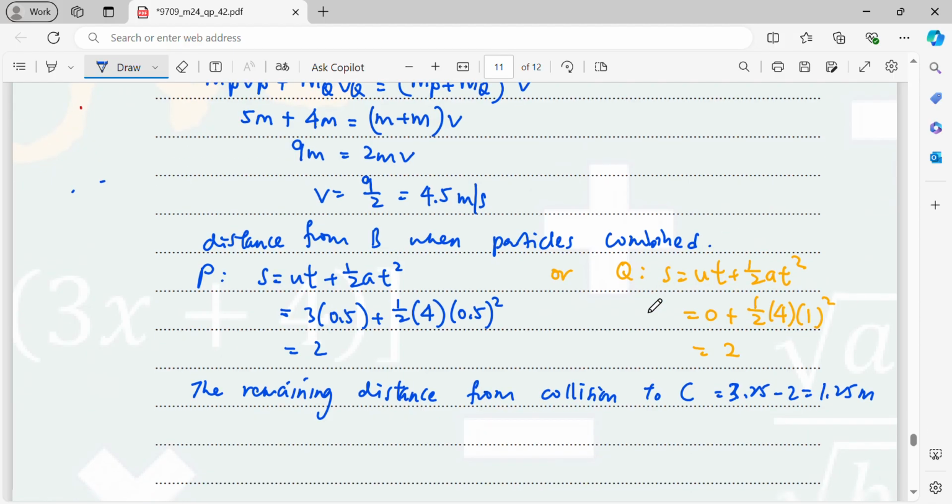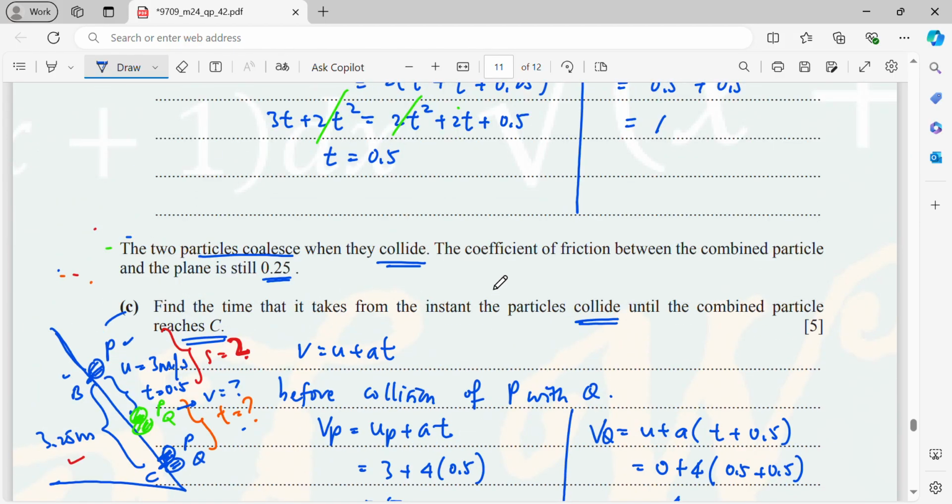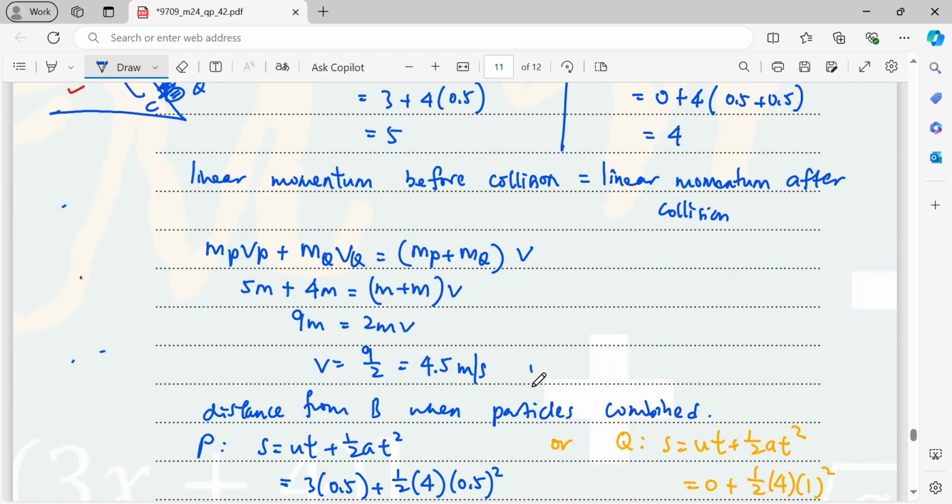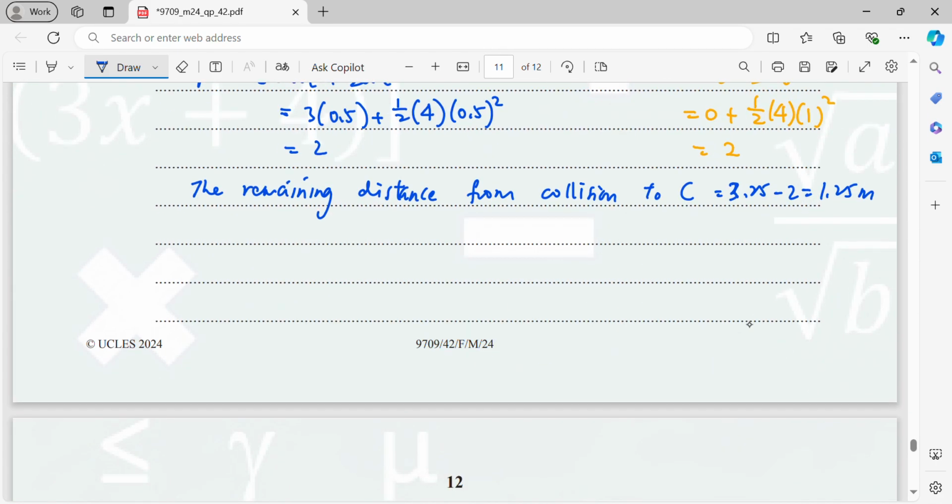So with this S, I can find the time, because we have found the V here. So now S equals to VT plus half AT squared. So the S is 1.25, the V is 4.5, which is here.